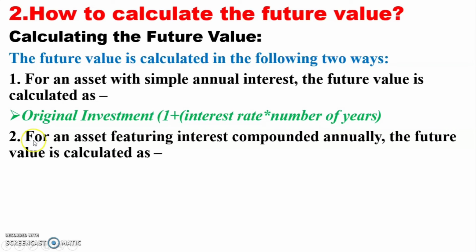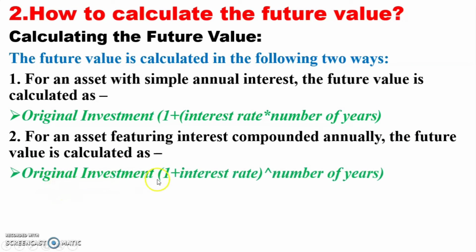Now, the other process of calculating future value for an asset featuring interest compounded annually: the future value is calculated as original investment into 1 plus interest rate power number of years.